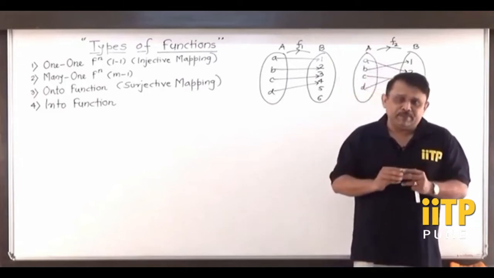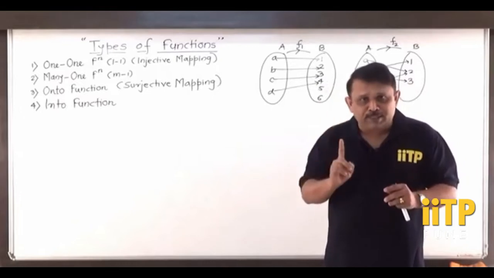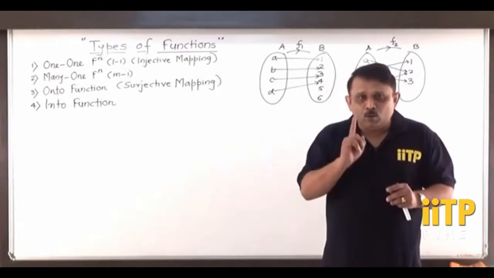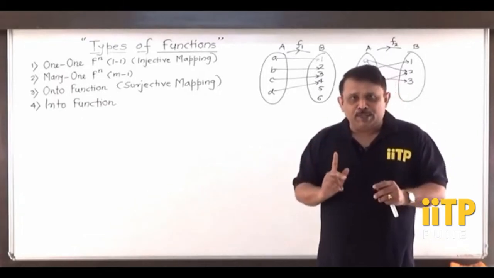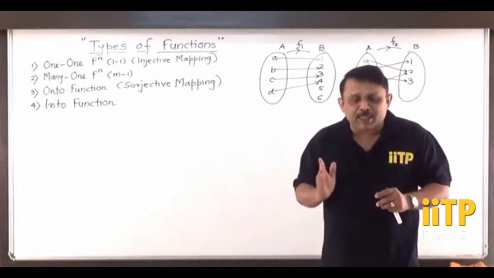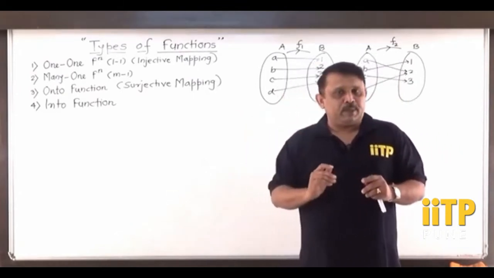Many-1 function. There are 4 kinds of correspondences that we have seen. One is 1-1 correspondence, 1-many correspondence, many-1 correspondence, and many-many correspondence.